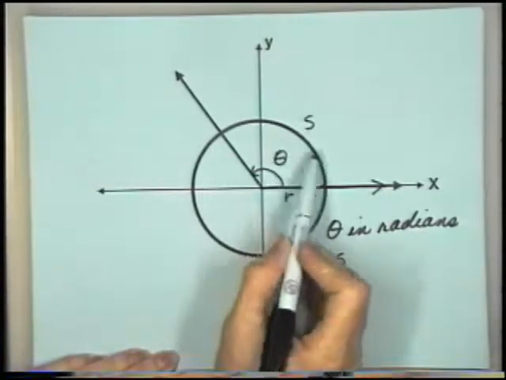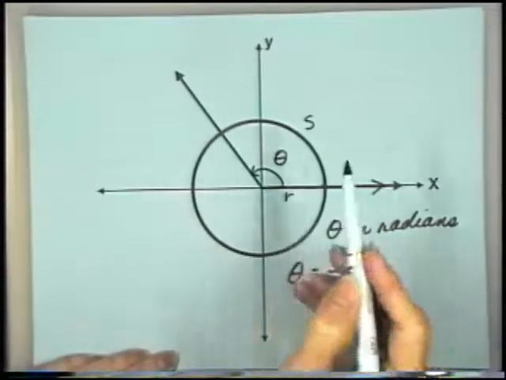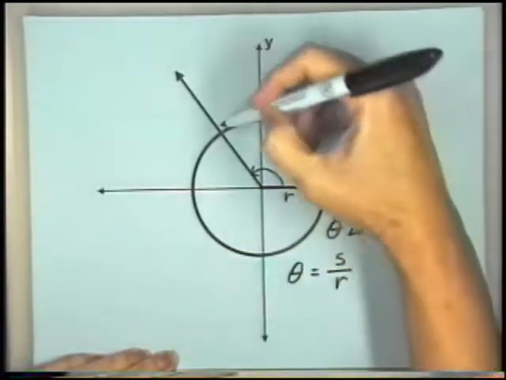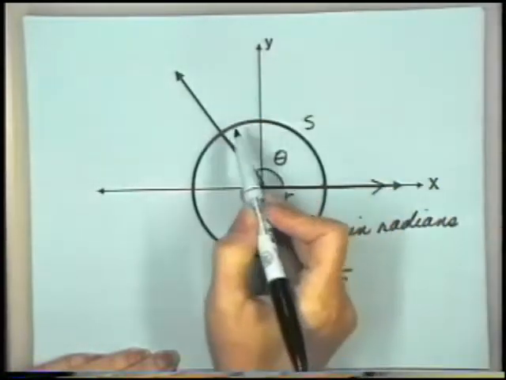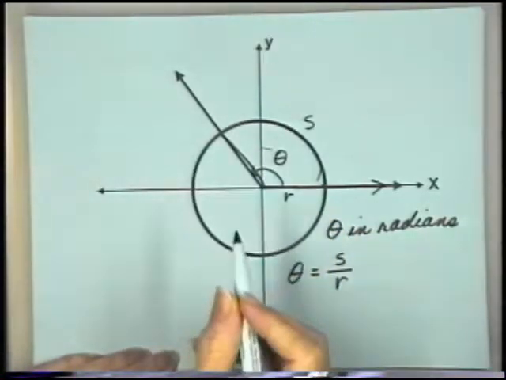But what if we just want to know the arc length of a sector of the circle? And what we mean by sector of the circle, this right here, this would represent the sector.